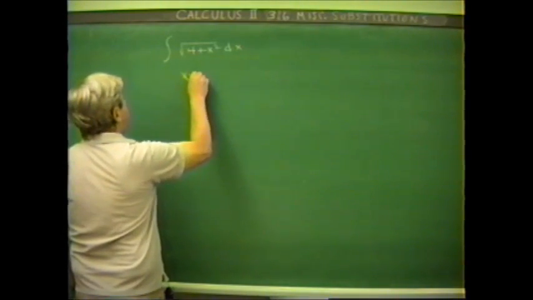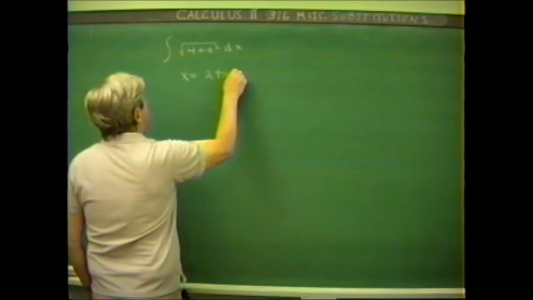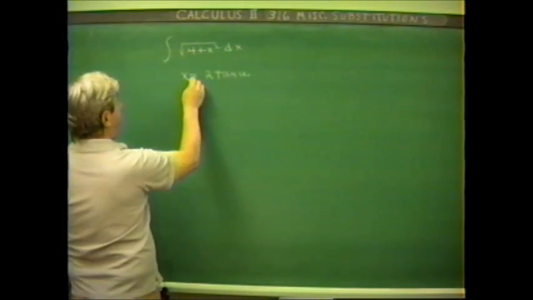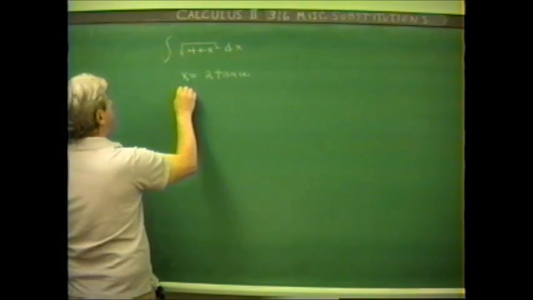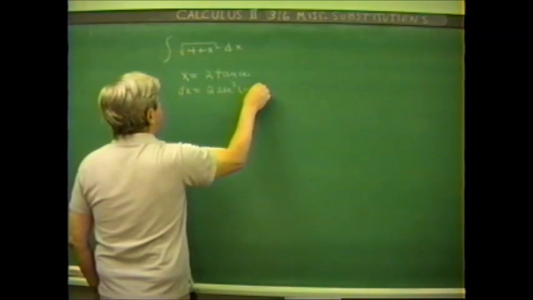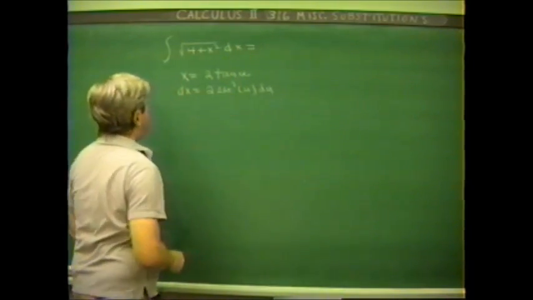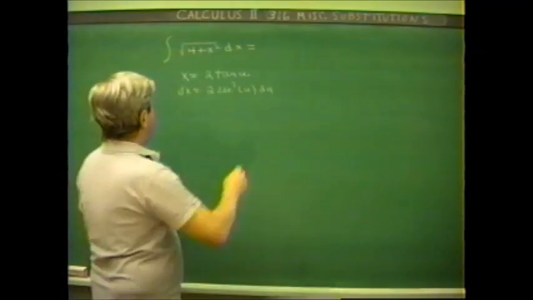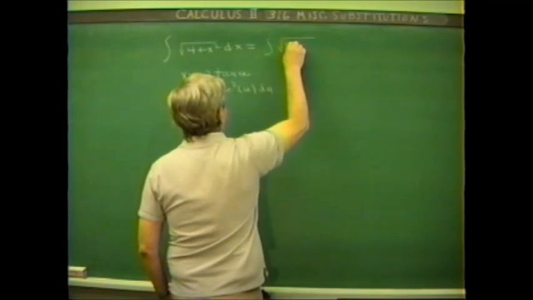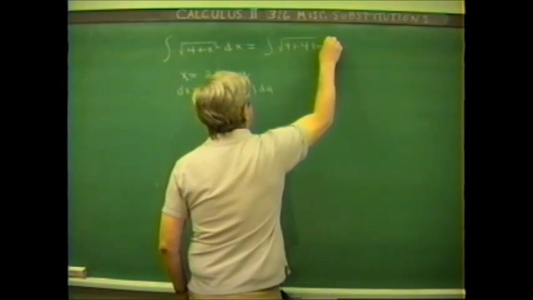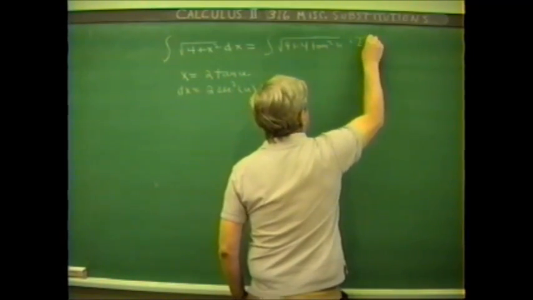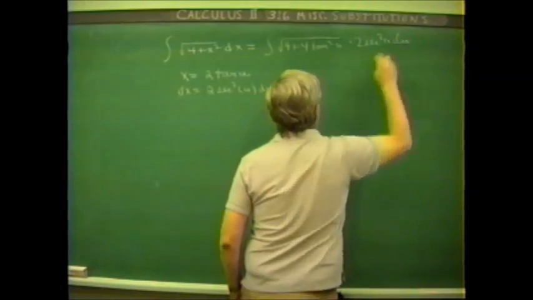So if we let x be equal to 2 tangent u, then we would get 4 plus 4 tangent squared, and our problems would be over, hopefully. dx is going to be equal to 2 secant squared of u du, and this then becomes the antiderivative of the square root of 4 plus 4 tangent squared u times 2 secant squared u du.